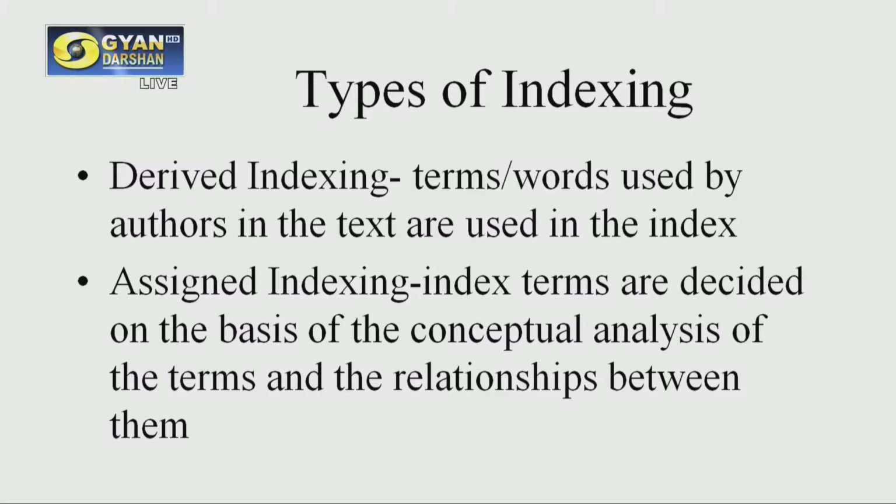But again, when you talk of derived indexing, it is also not that easy, because you need not just put those words in a particular order and prepare the index, because here also, in a different way, indexing has been defined as natural language indexing, which is free language indexing, and the third is a little not that free or natural language, it is controlled indexing.